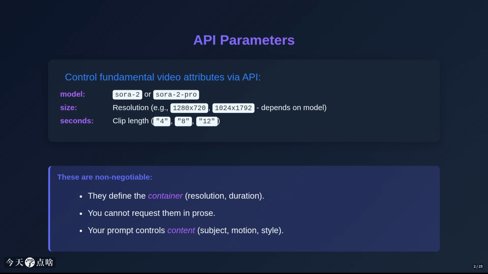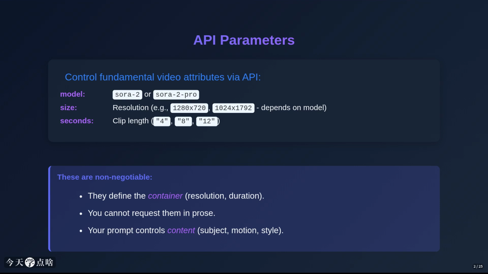Third, length or seconds. How long should your video clip be? The supported values are typically 4, 8, or 12 seconds. The default is usually 4 seconds. Again, you can't just ask for a longer clip in your text. You need to set this parameter in your API request.